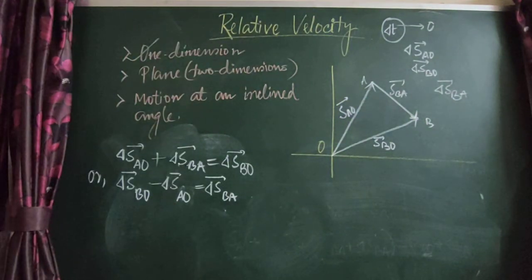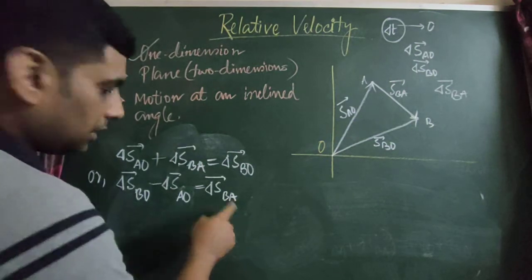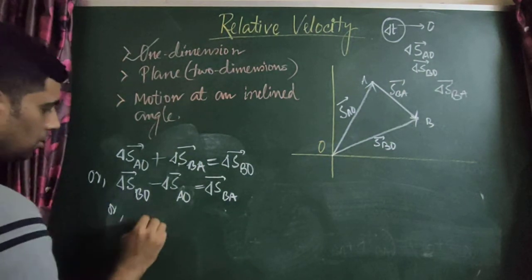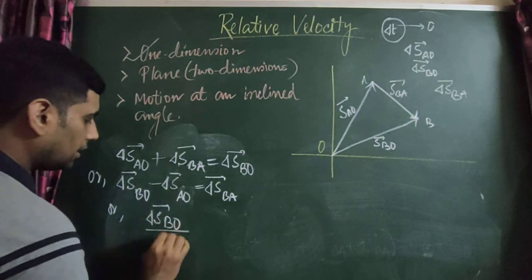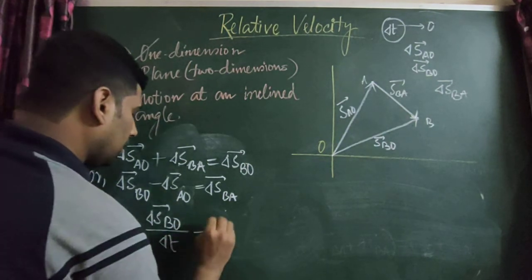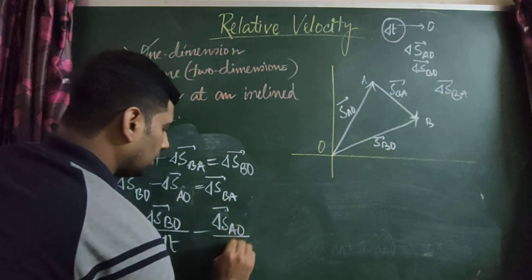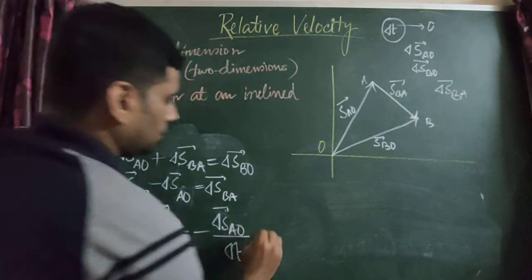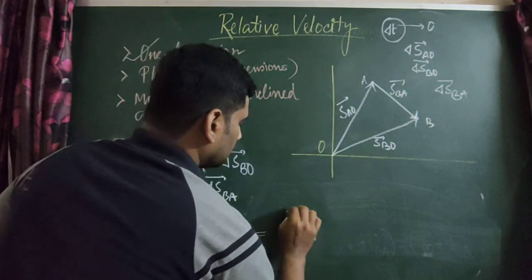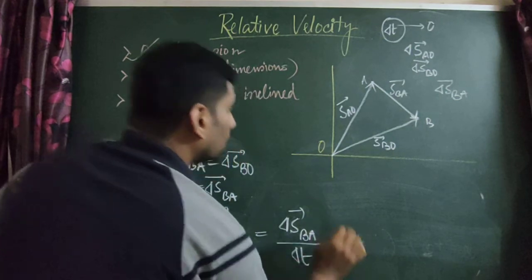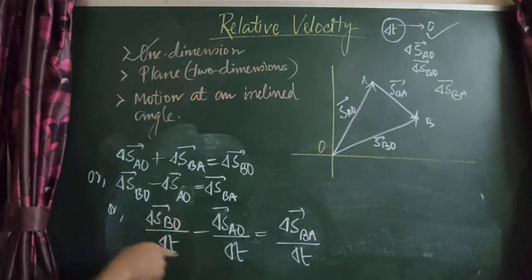If I divide this equation by delta T, delta SBO by delta T minus delta SAO by delta T is equal to delta SBA by delta T. Now as you have seen, delta T tends to 0, so this becomes the velocity.